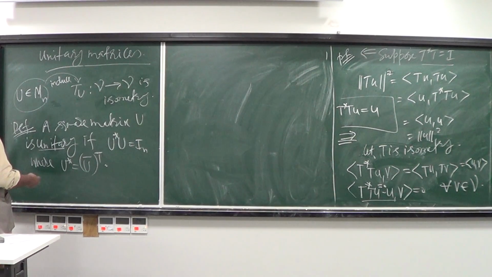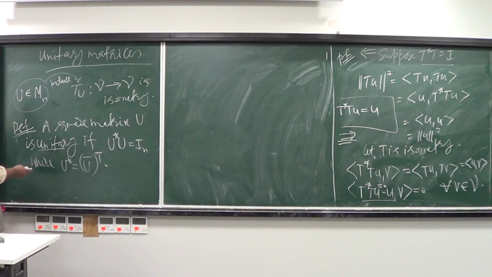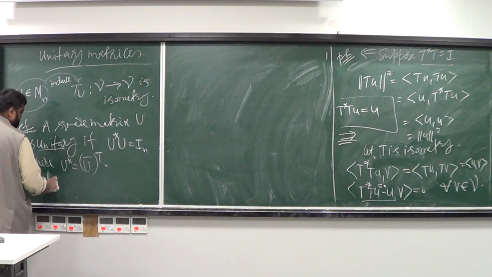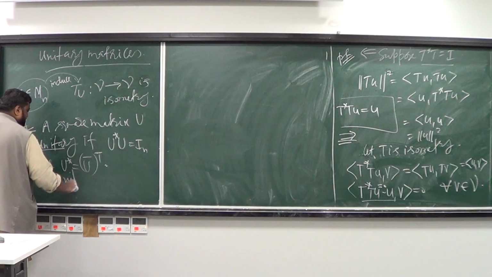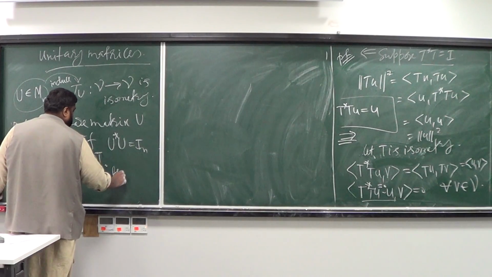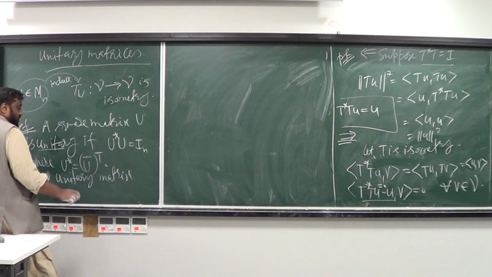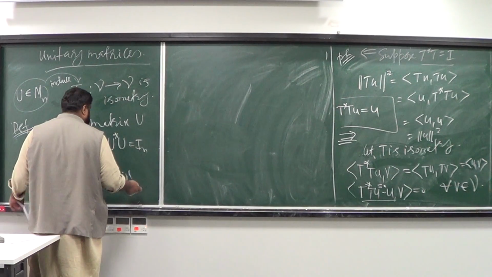Obviously, this is the case when the U has complex entries. But a real unitary matrix is a matrix which is orthogonal.